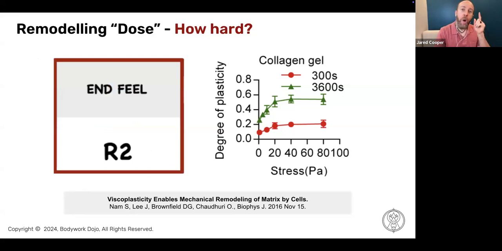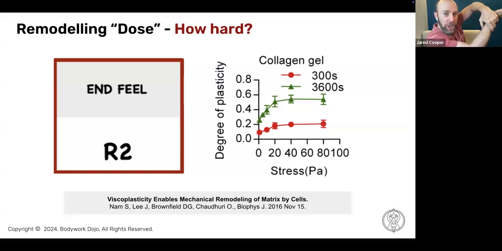R2. When you get to R2 of any of these levers, whether it's compression, shear, or tension, each of those levers has an R2. And you want to stop pushing harder and harder when you get to R2. So when I put something on tension, R1, R2, I treat it at R2.